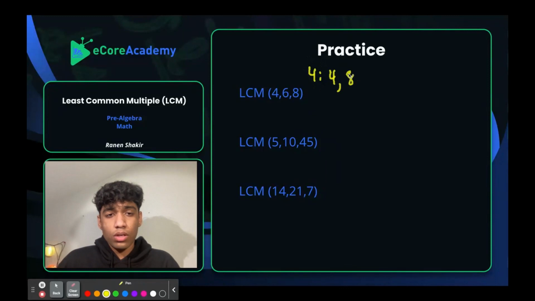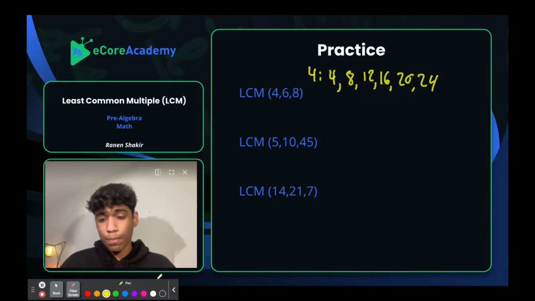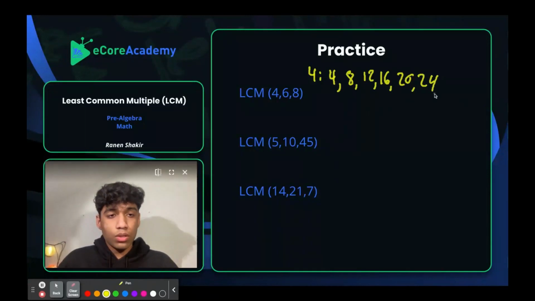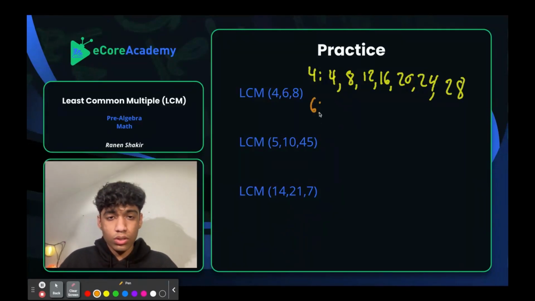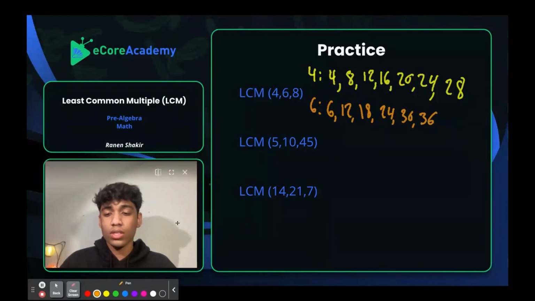So we'll have 4, 8, 12, 16, 20, and 24. We can just do one more, 28. All right, cool. And then we can write a different one. We can write 6 in orange. We'll have 6, 12, 18, 24, 30, 36. And then we'll do one more, which is 8.